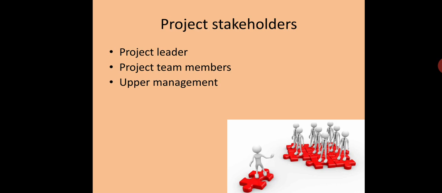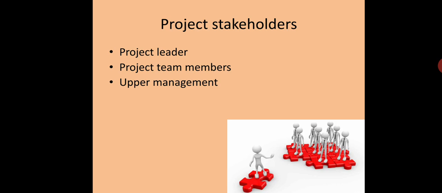Now let's look into what are the different examples of project stakeholders. One is project leader. Every project team has a project leader. The various different project team members are also project stakeholders. The upper management.